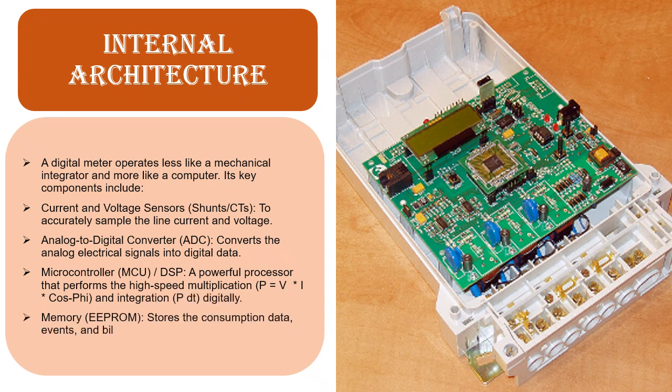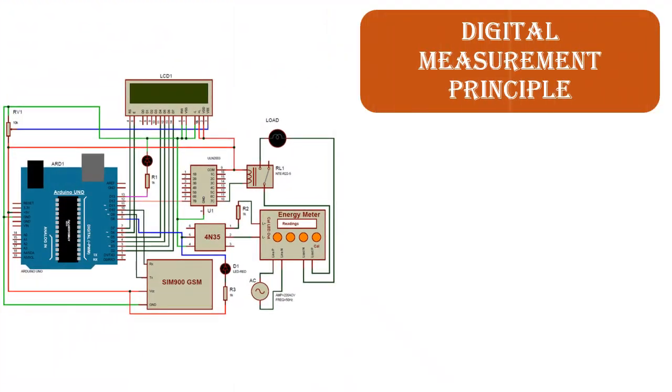Microcontroller, MCU, DSP, a powerful processor that performs the high-speed multiplication, P = V I cos φ, and integration, digitally. Memory, EEPROM, stores the consumption data, events, and billing parameters.